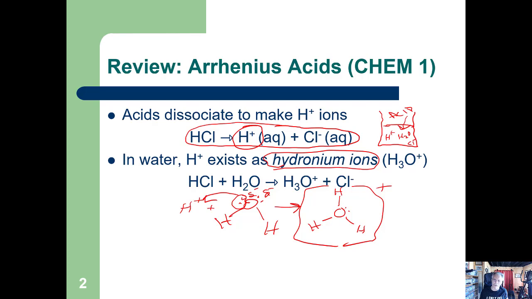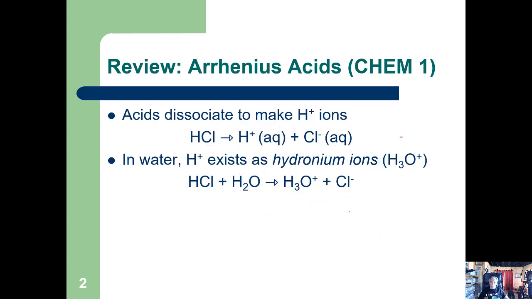We'll just put the aq there so you know that it's in water. But this is more realistic. This is the Lewis structure for this trigonal pyramidal molecular geometry, tetrahedral electron geometry, sp3 hybridized oxygen for the hydronium ion. So if you include water, then you would describe this as H3O+. But just remember that when we say hydrogen ion and hydronium ion, we're simply talking about a hydrogen ion in water.